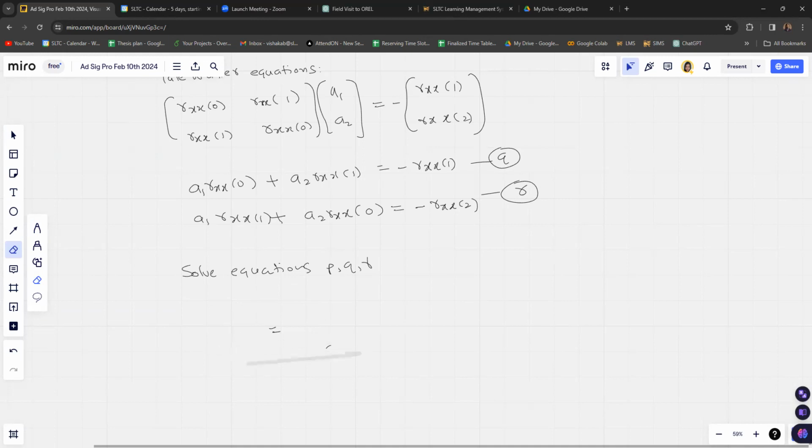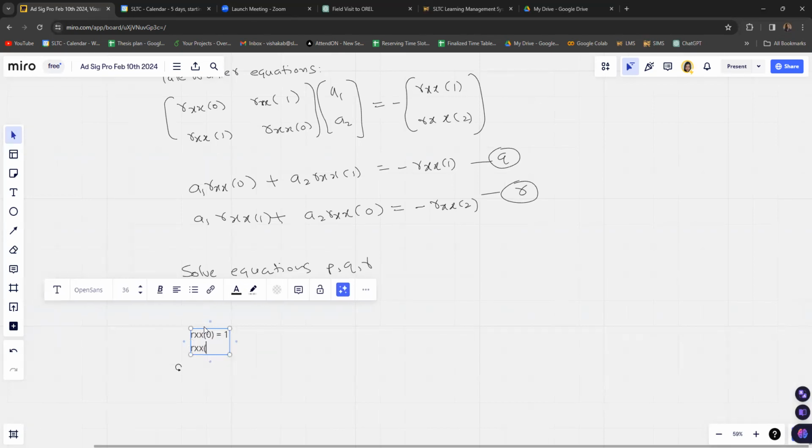So I will write that. So the correlation matrix of X we can write.